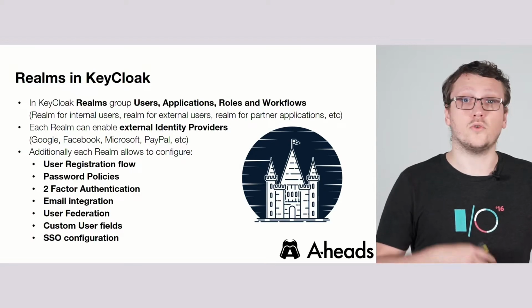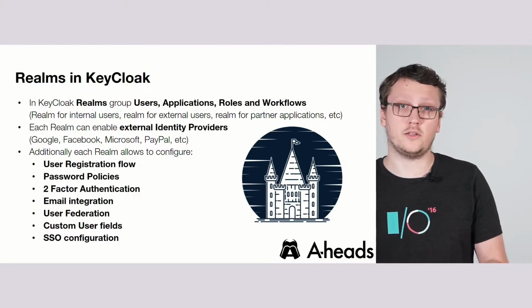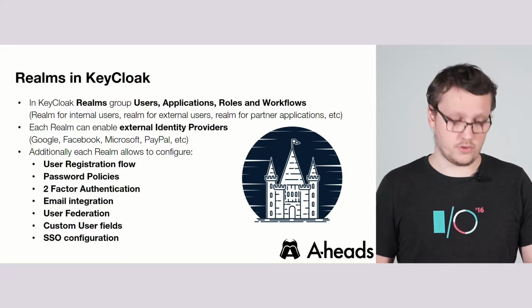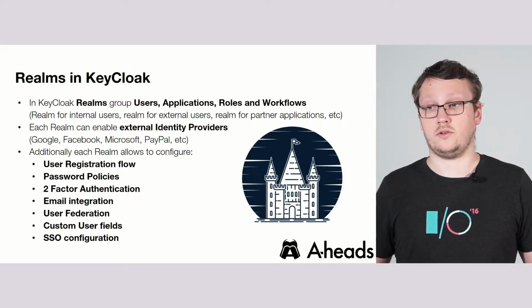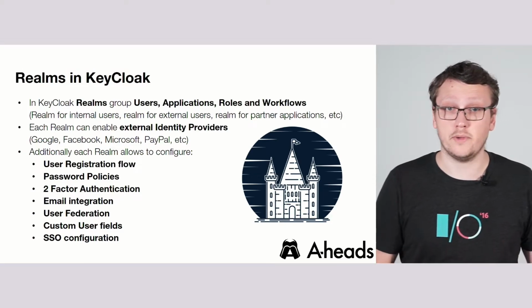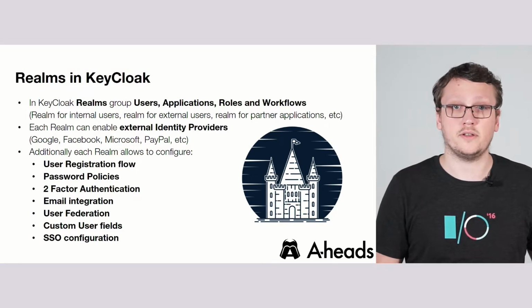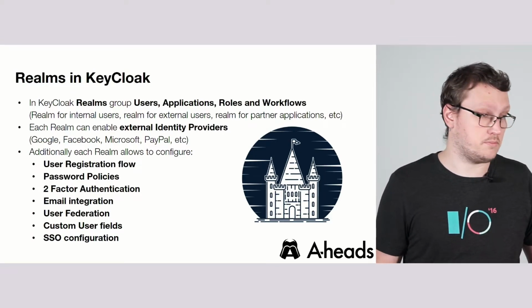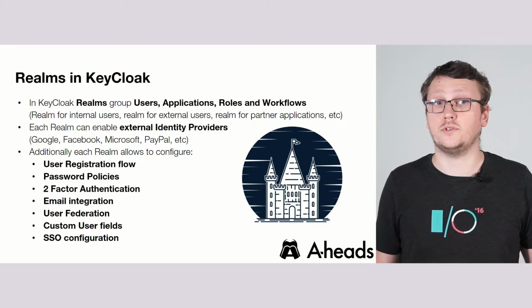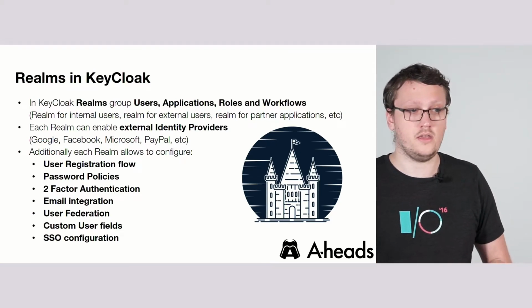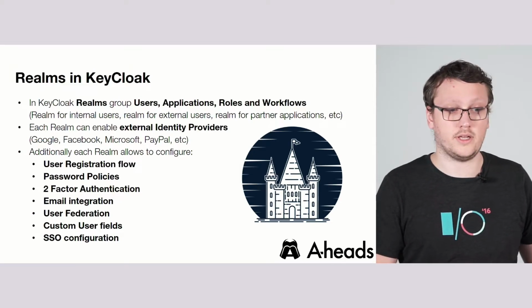So for some realms, maybe you would like to have a user registration flow. That a user goes to your website, then it opens a registration form, fills in all the information about herself or himself, and then we need to validate that this person is actual. How can we do that? Usually you send an email to an email client.